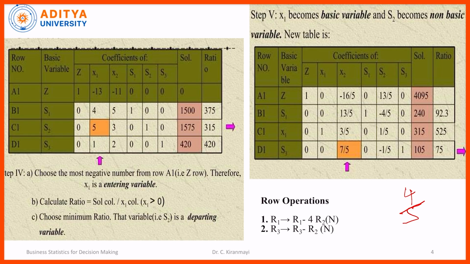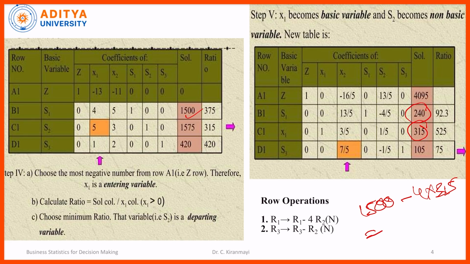Here in the S2 column it is 0 minus 4 by 5, so minus 4 by 5. Likewise for 1500: here we have 315. Multiply 315 by 4 and subtract it from 1500, so 1500 minus 1260, which gives 240.